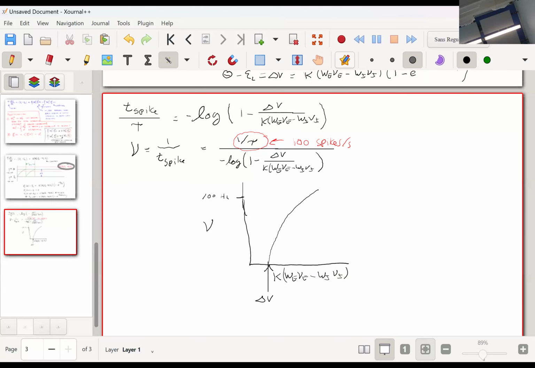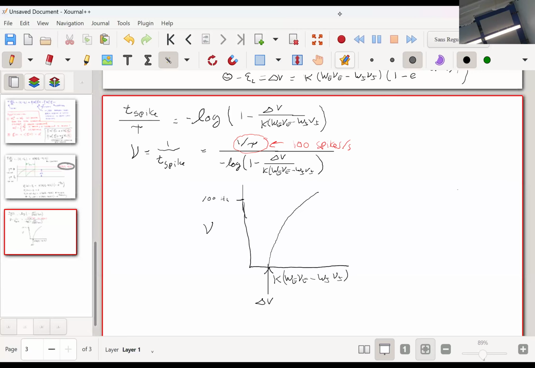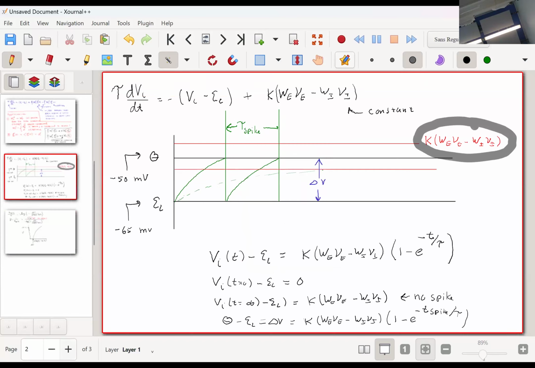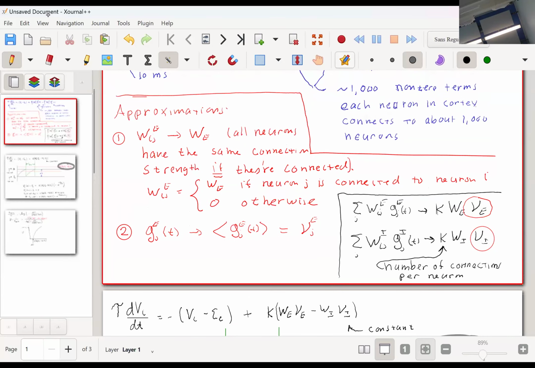Now, one thing to keep in mind, let's go back to this picture. In this picture, there are no fluctuations. Okay, we made the approximation, if you remember, these terms which are actually fluctuating in time, we replaced them by constants. Okay, that doesn't really happen.